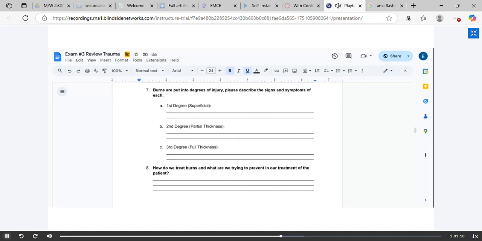Okay. So it's going to be white and leathery looking, white, dry. It's terrible, but the skin is cooked in that area. Okay, it's cooked. It's not moist. It's dry. It's white and leathery or charred and dark color, and it's painless.